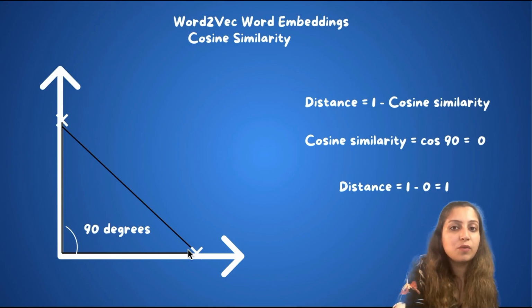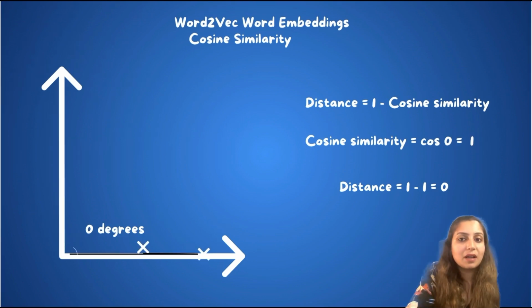Now, let us look at another example. Say, suppose the two vectors in the same two-dimensional vector space are 90 degrees apart, that is on different axes. So in that case, the cosine similarity would be cos of 90 degrees, which would be 0. And distance would be 1 minus cosine similarity, which will come out to be 1 minus 0, essentially 1. So the distance between two vectors is 1 and they're poles apart. Now let us look at another example.